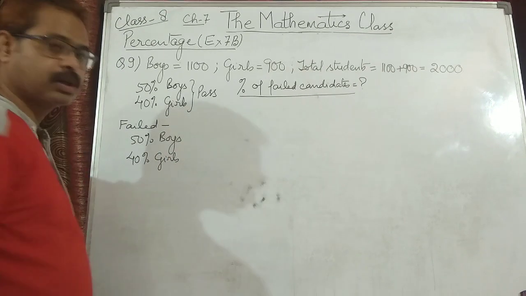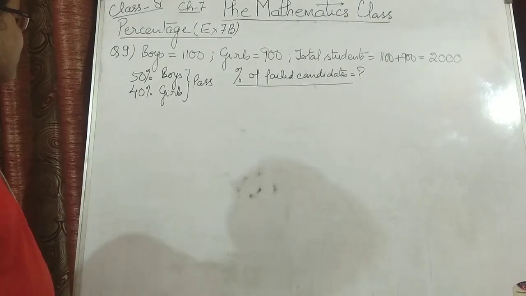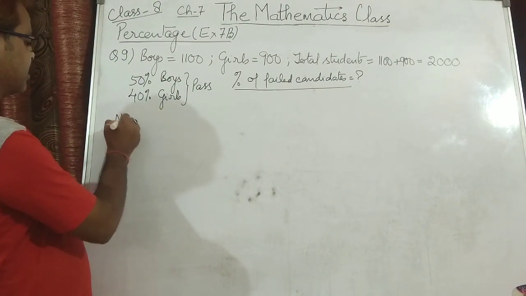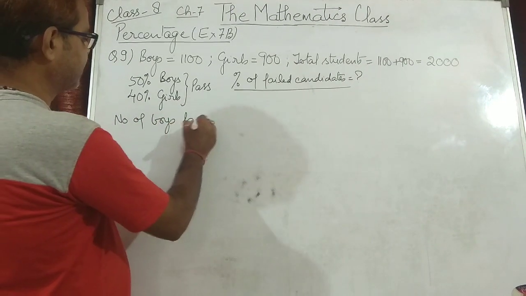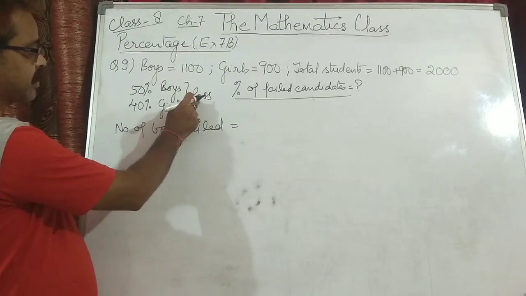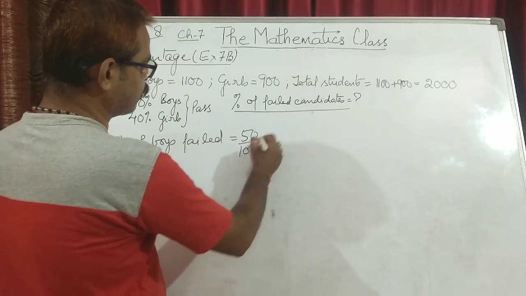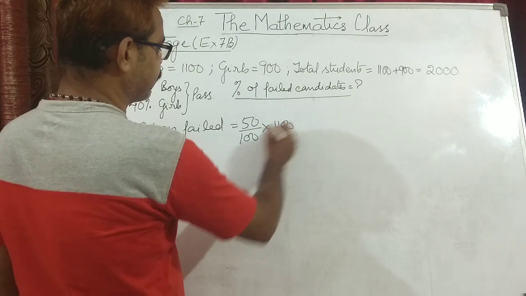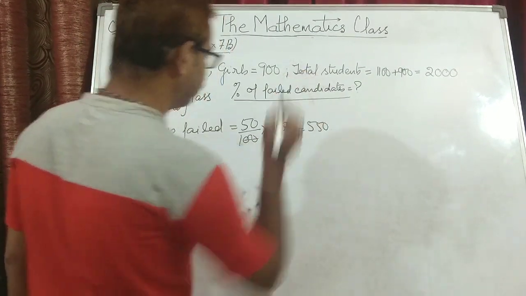So we will find out the number of boys who failed. That is 50% of boys passed, so it means 50% of boys failed. 50% of what? Of the total number of boys, and the total number of boys is 1100. So it is 550 boys failed.